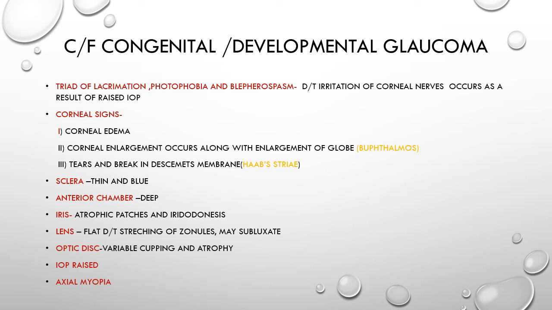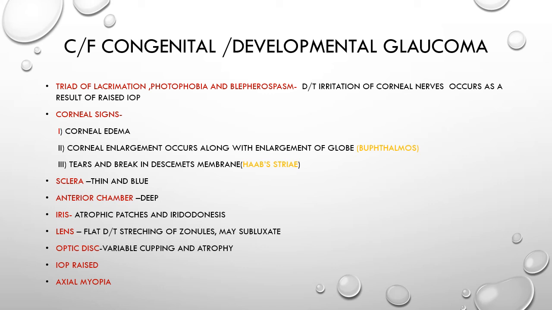The corneal nerves get exposed directly. That's why the patient will have a lot of photophobia as well as corneal edema, because with stretching of the cornea, the Descemet membrane is ruptured. So there will be a gush of aqueous humor into the corneal stroma that leads to the edema of the cornea, and that's why the cornea becomes hazy.